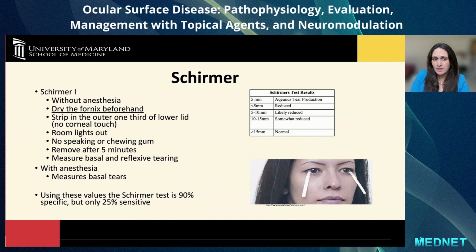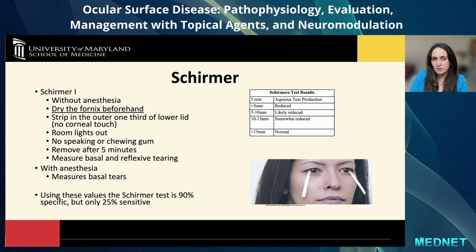Schirmer's again measures the production of tears. So you can have it with or without anesthesia. You want to make sure that the fornix is dried before placing the Schirmer's test. And you place the strip in the outer 1/3 of the lower eyelid. And then you keep it in for 5 minutes and then remove it and you measure the distance the tears have gone.